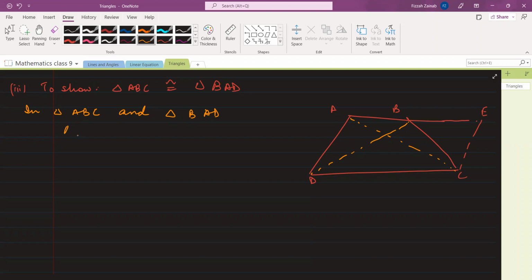So AB is equal to AB, which is common. Also this angle, this complete angle B is equal to this complete angle A. We have already proved. Yes. So angle A is equal to angle B. This is already proved.